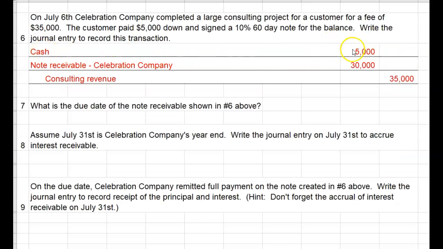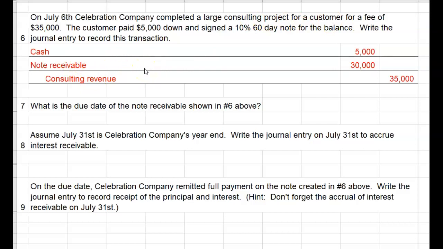Debit cash $5,000 for the $5,000 Celebration received. Debit note receivable $30,000 and credit consulting revenue $35,000. If we knew the name of the customer, we would put note receivable dash and the customer name.